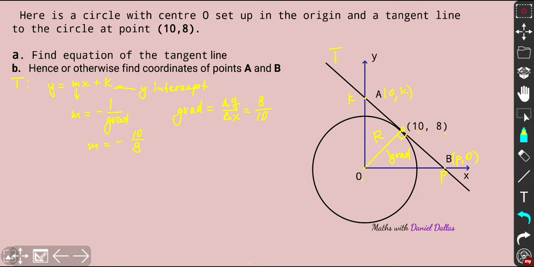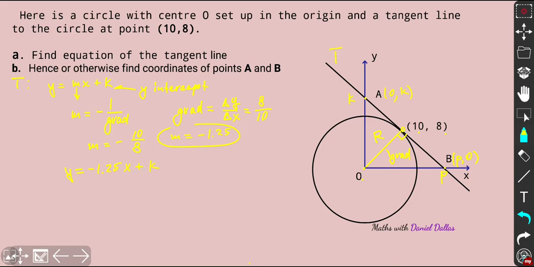You can work it out with a calculator or manually, and I get negative 5 over 4, or simply negative 1.25. Indeed, the gradient should be negative for the tangent line because it's sloping down.